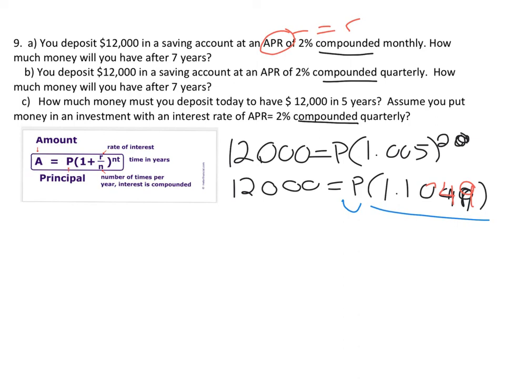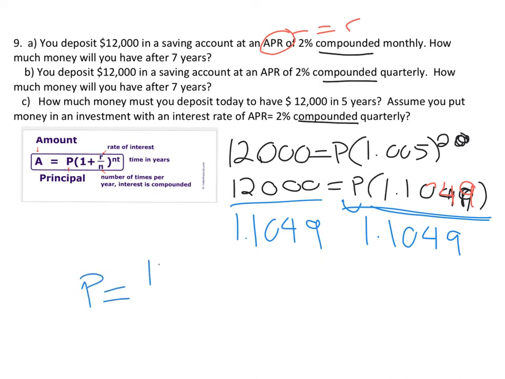So in order to get P by itself, I need to divide by that. And if I divide one side by 1.1049, obviously I have to divide the other side by it too. So what I'm ultimately putting in my calculator for P is 12,000 divided by 1.1049, and that's equal to P because these cancel.